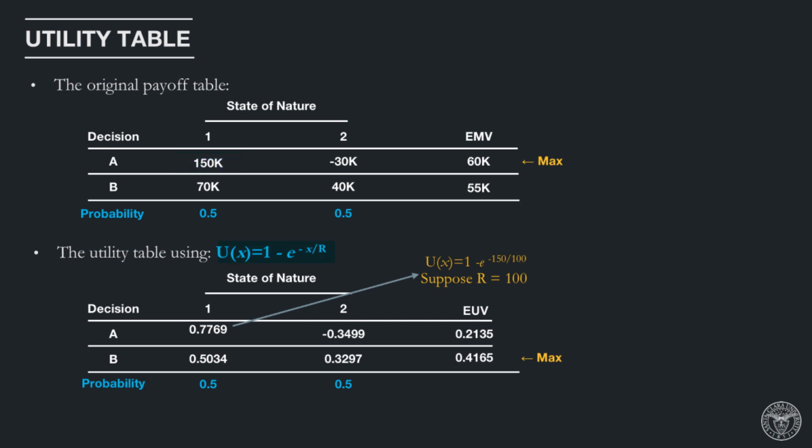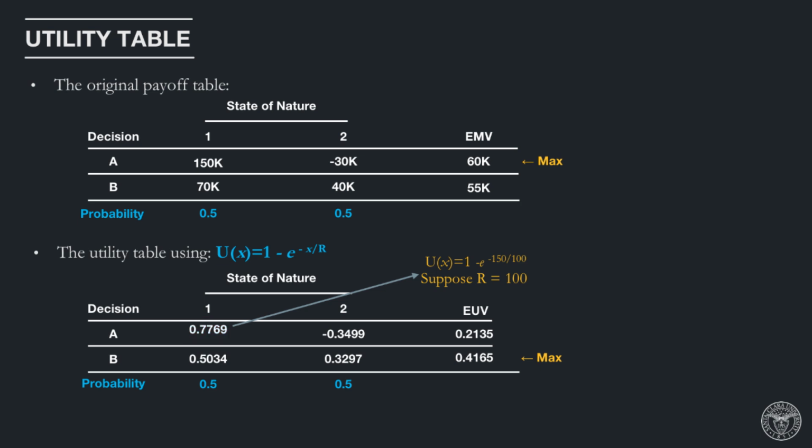If we use the utility function u(x) equal to 1 minus e to the negative x over r, we are going to replace the r with 100, and we have x equal to 150, so that we can compute for decision A in state of nature 1 the utility u(150) equal to 1 minus e to the order of negative 150 over 100. After computation, we get 0.7769 for decision A in state of nature 1.